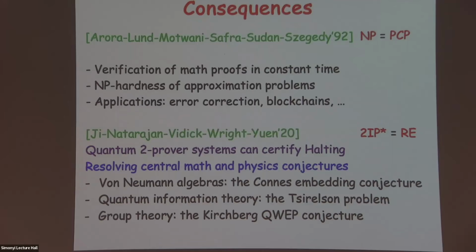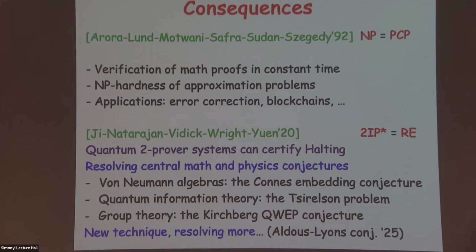It refuted the Connes embedding conjecture in von Neumann algebras. That's one consequence of this theorem about quantum proof systems. It answered Tsirelson's problem about measurements in product spaces. It answered group theory questions, and I should say this was just the beginning.